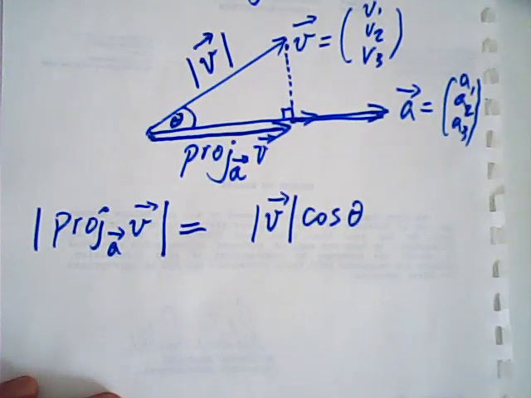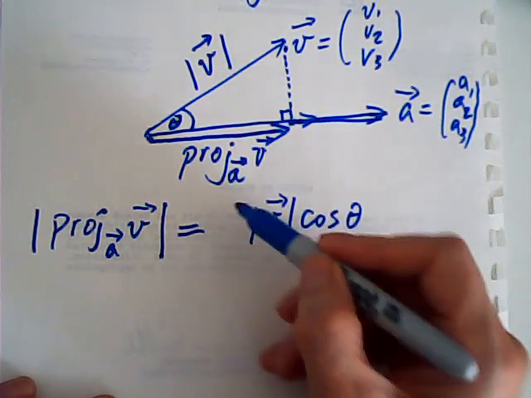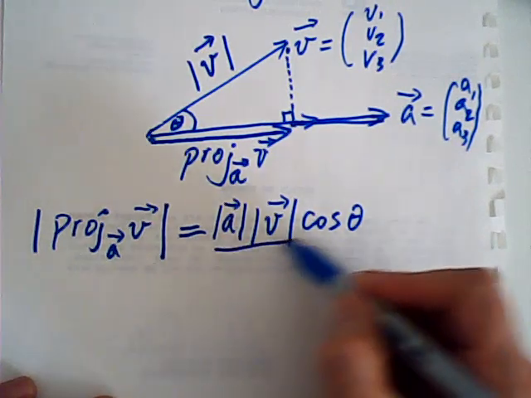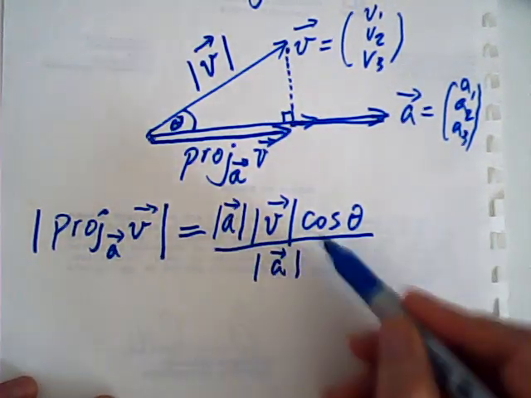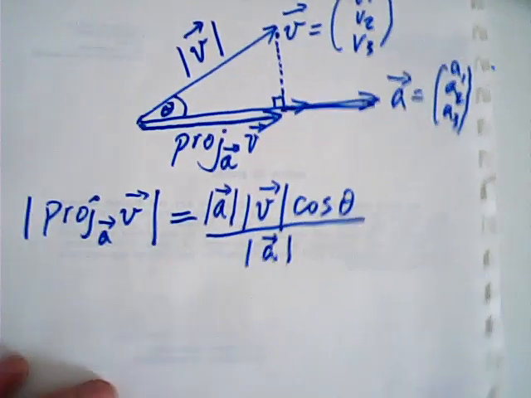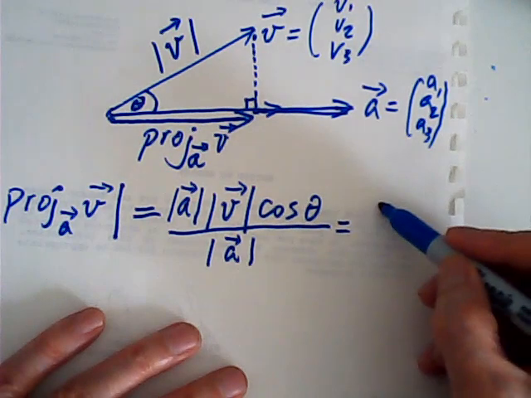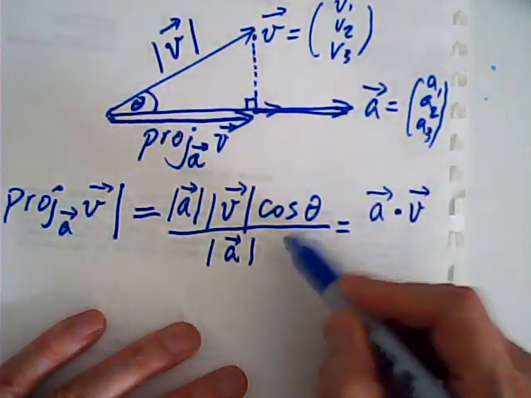Okay, that's good. Now, if we multiply by the norm of A divided by the norm of A, that will still be equal, right? But the numerator is A dot V, the dot product.